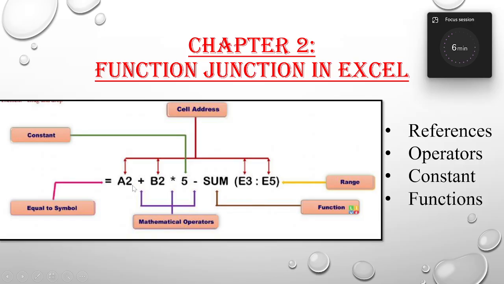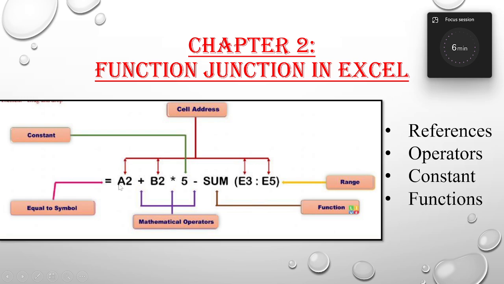Now here, if you see A2, B2, can you guess what E3, E5 are? What is this A2, B2, E3, E5? Can you please tell me? I have just told you when we started with Excel, the first thing that I explained to you. A2. A is what?